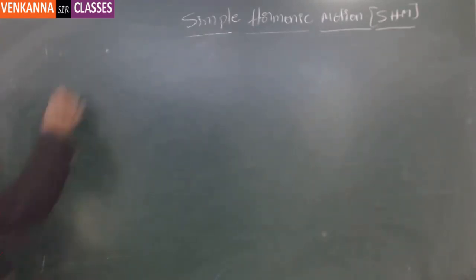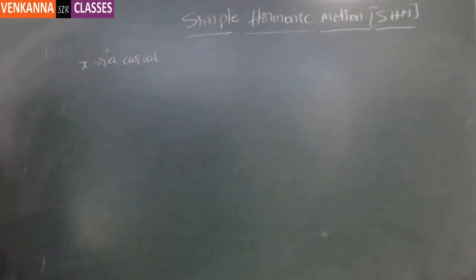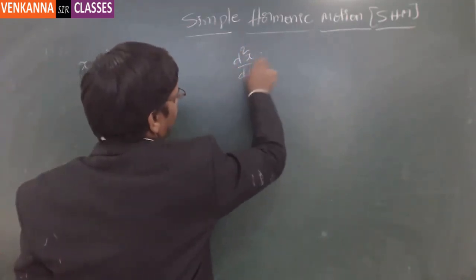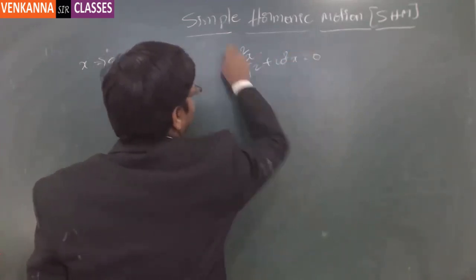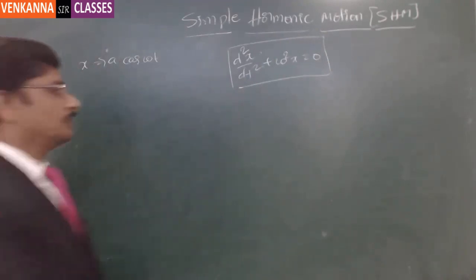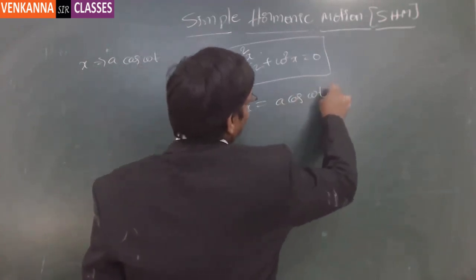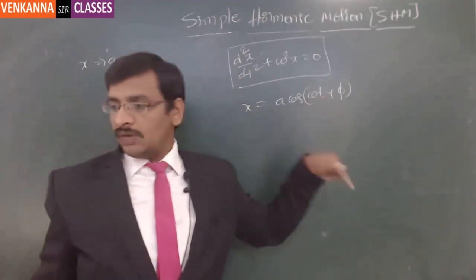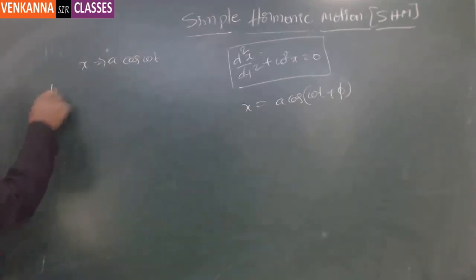Right? So x is equal to a cos omega t is the simple harmonic motion. Now in differential equations, d square x by dt square plus omega square x equal to 0. The solution of this differential equation is x is equal to a cos omega t plus some arbitrary constant phi, and this phi, in our specific analysis, we calculated to be 0.